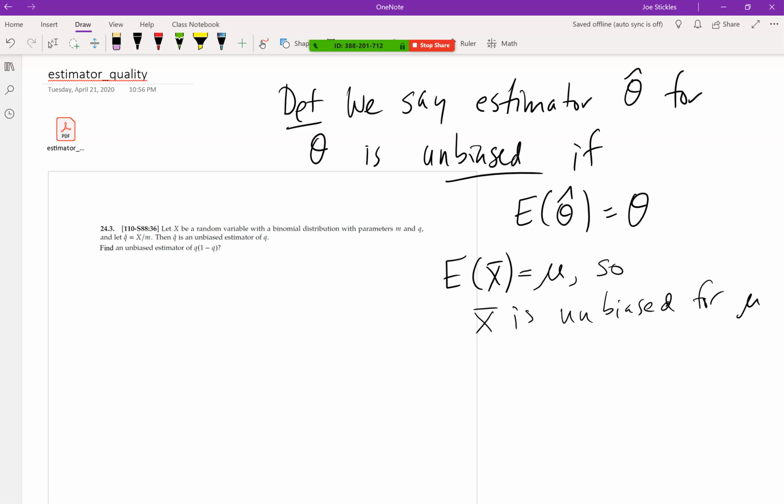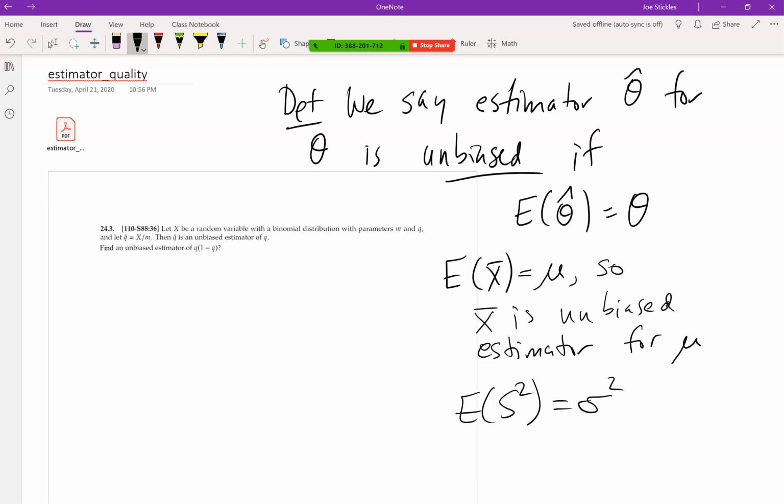Oops, I forgot the word estimator in there. Okay, so we have an unbiased estimator for the mean here with our sample mean. We've also seen that our sample variance, the expected value of that is sigma squared. So again, our S squared is an unbiased estimator for sigma squared.